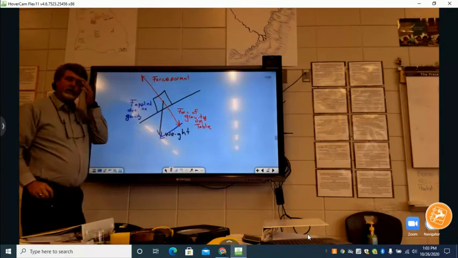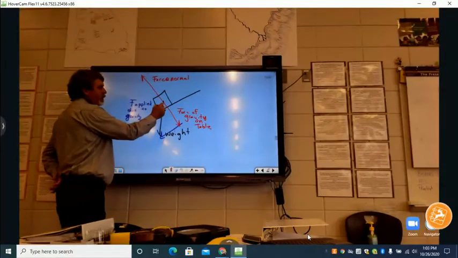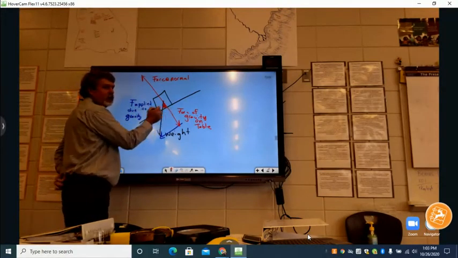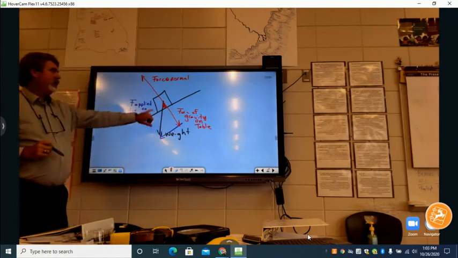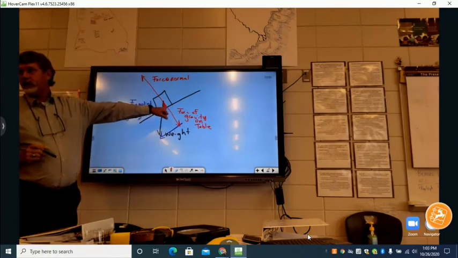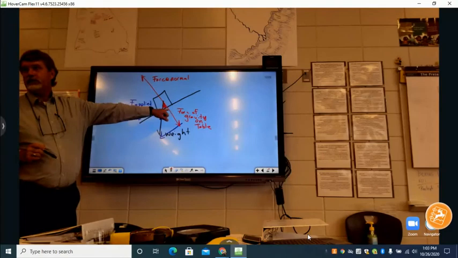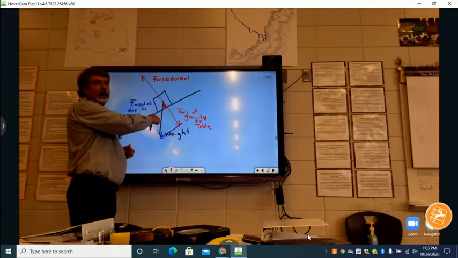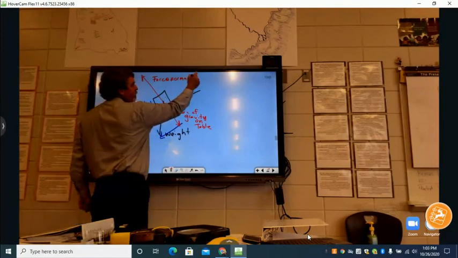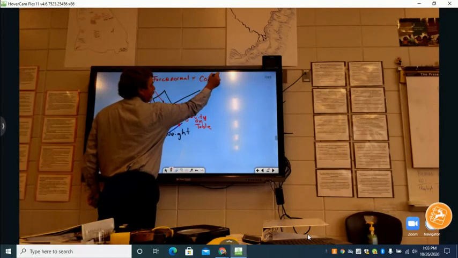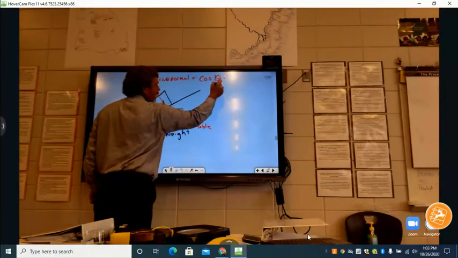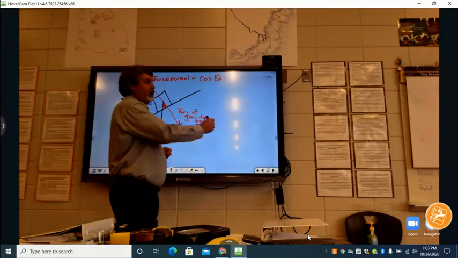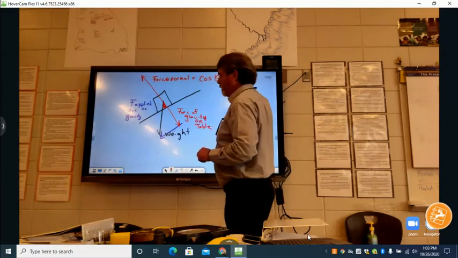Y'all with me there? Now, if this is the angle, is this an adjacent leg or opposite leg? That's an adjacent leg. What trig function uses the adjacent leg? Cosine. So, when a box is at an angle, the force normal equals the cosine of the angle times the weight. And the weight is mass times gravity.